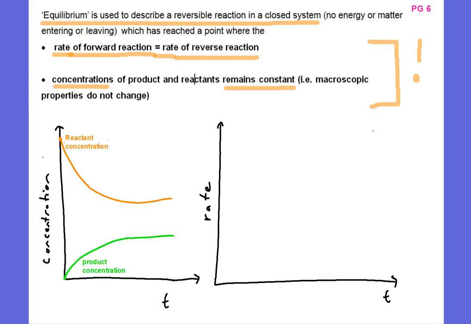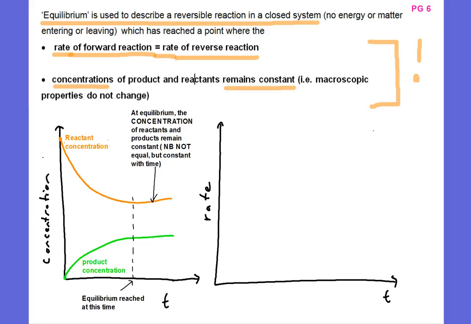Because reactants are reacting, that means we're making product. We start with no product, but the amount of product is actually increasing over time until eventually you reach a constant concentration of product. The point at which the concentrations of both reactant and product become constant over time, that's called the position of equilibrium, or the time that equilibrium was reached. You can mark that on your diagram as well.